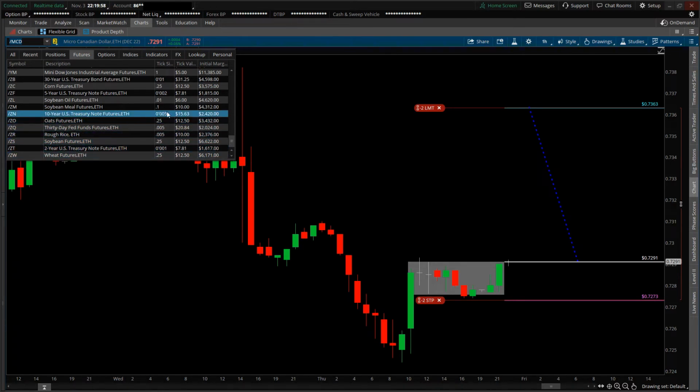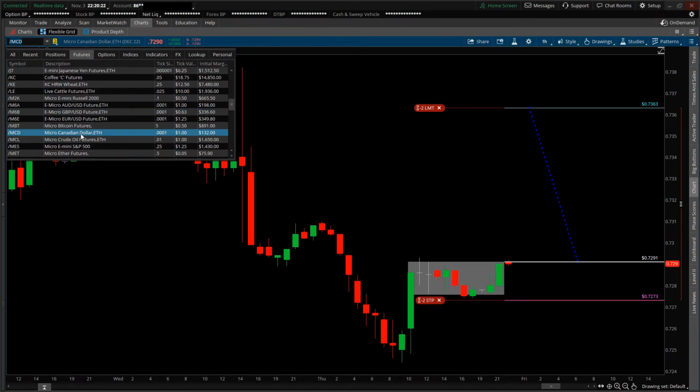This is an interesting contract to trade. $15.63. It's very intimidating as well because this moves very quickly when there's a lot of volatility in the market. Here we have the 30-year Treasury bond again, at $31.25 for every move up or down. So there's a whole wide range.